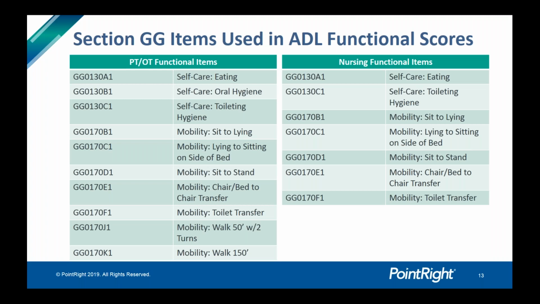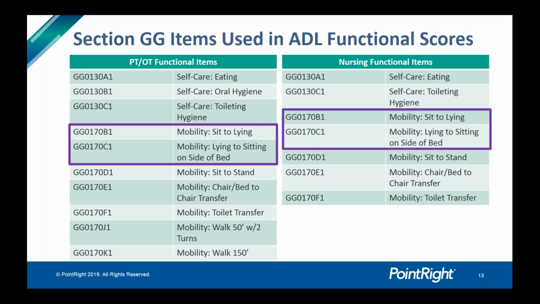Then we've got several mobility items, 2 that are related to bed mobility: sit to lying and lying to sitting on the side of the bed, and they're combined to each other.